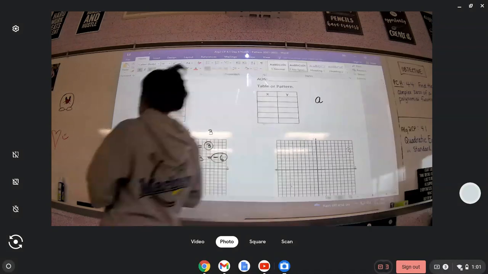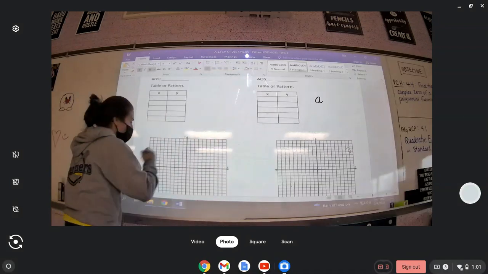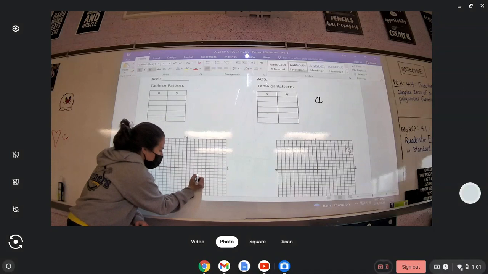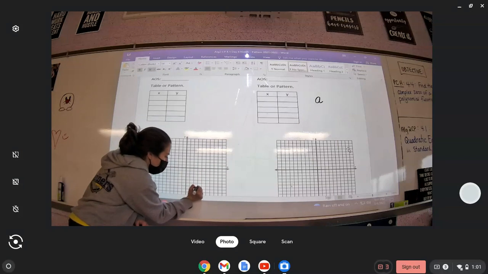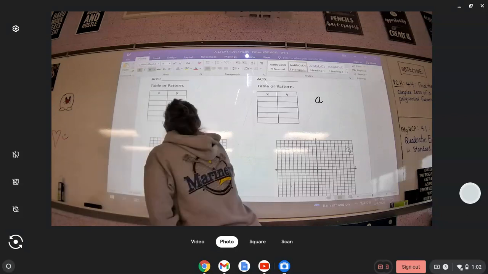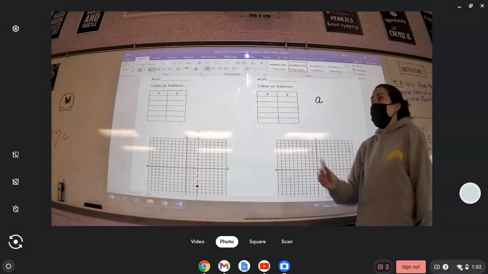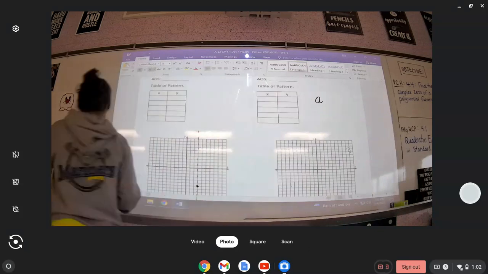I got to erase this because I had to move mine up. All right. So we're going to go right 3 and down 6. Everybody draw your AOS to help us with the symmetry. Okay, anybody know what the equation of that AOS is?